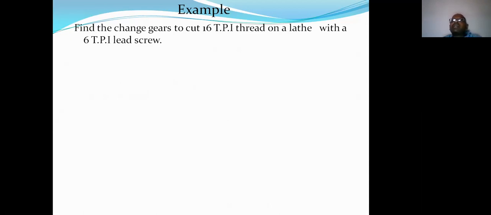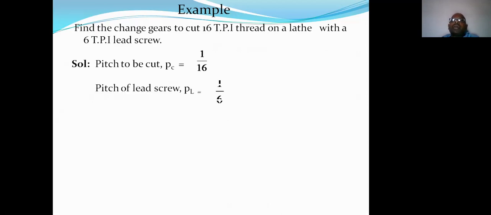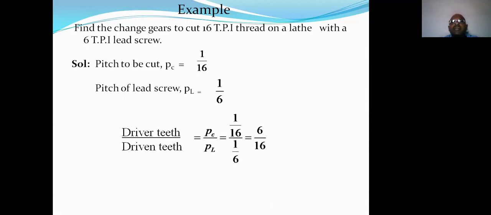Simply 1 by 16 is the pitch of that component, whereas the lead screw has 6 teeth per inch. So the pitch of the job is 1 by 16 and the pitch of the lead screw is 1 by 6. So the gear ratio is very simple. That means driver teeth by driven teeth is PC by PL, 1 by 16 by 1 by 6.